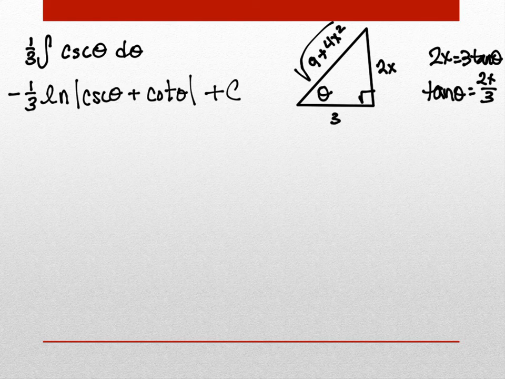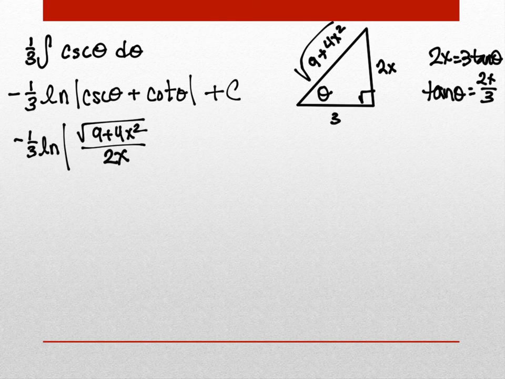All right, within this triangle now, I have my negative 1/3 natural log. What is the cosecant value? It's 1 over sine. Sine would be opposite over hypotenuse. So cosecant would be hypotenuse over opposite. So hypotenuse is the square root of 9 plus 4x squared over the opposite, which is 2x. Okay, what about cotangent?